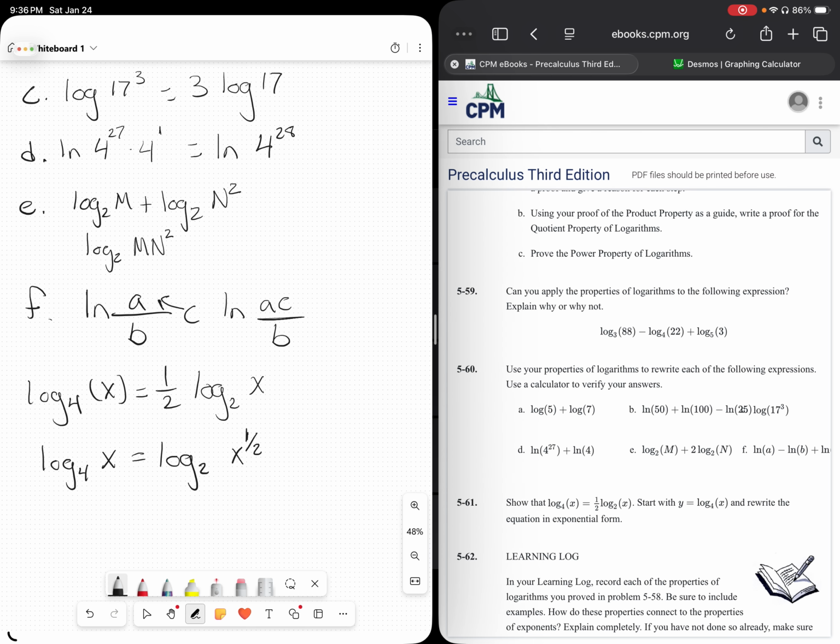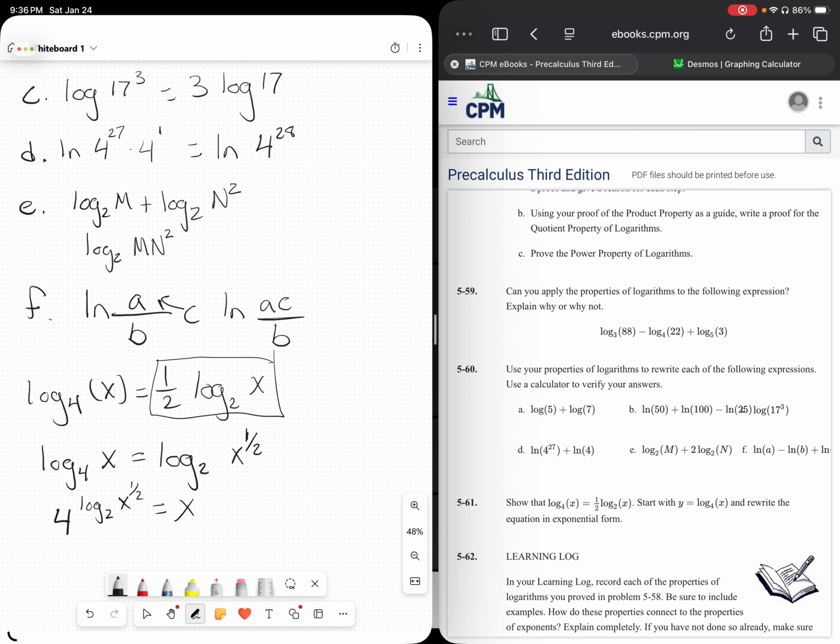Trying to think how to help you guys truly understand this. Yeah, let's just write this in exponential form. So this would be 4 to this power equals x, right? So it'd be 4 to the log base 2 of x to the 1/2 equals x.